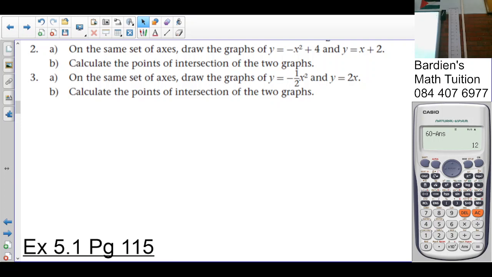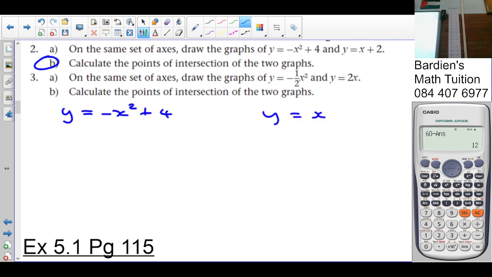Okay, so it says calculate the points of intersection of the two graphs. The two graphs in question is y equals negative x squared plus 4 and y is equal to x plus 2. For the points of intersection, the two graphs are equal at that point.